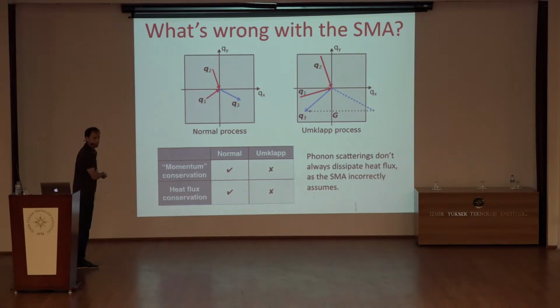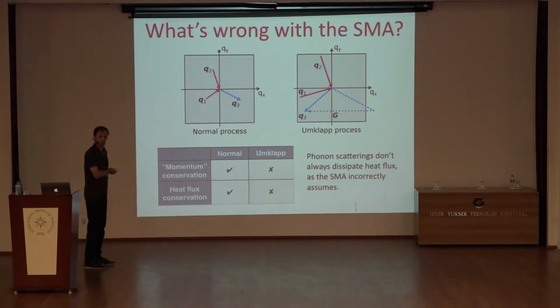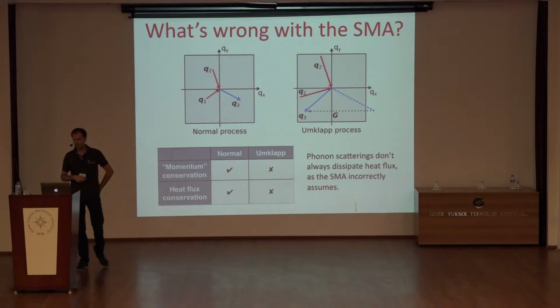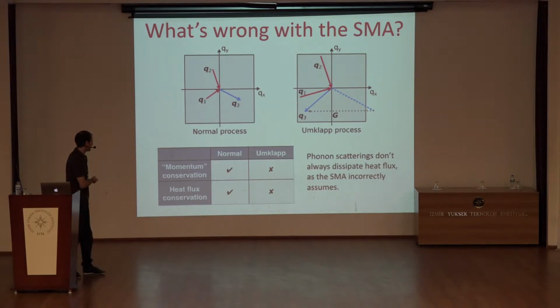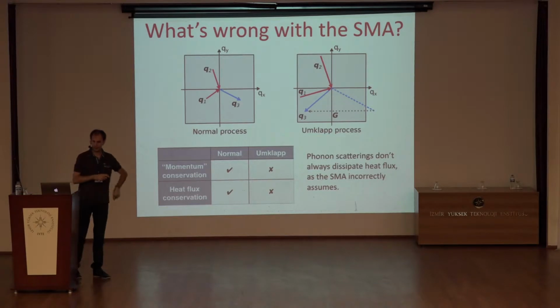And this is relevant when discussing thermal transport properties, because you can prove that on average, not only the momentum, but also the heat flux is conserved by normal processes, whereas Umklapp processes don't conserve it.